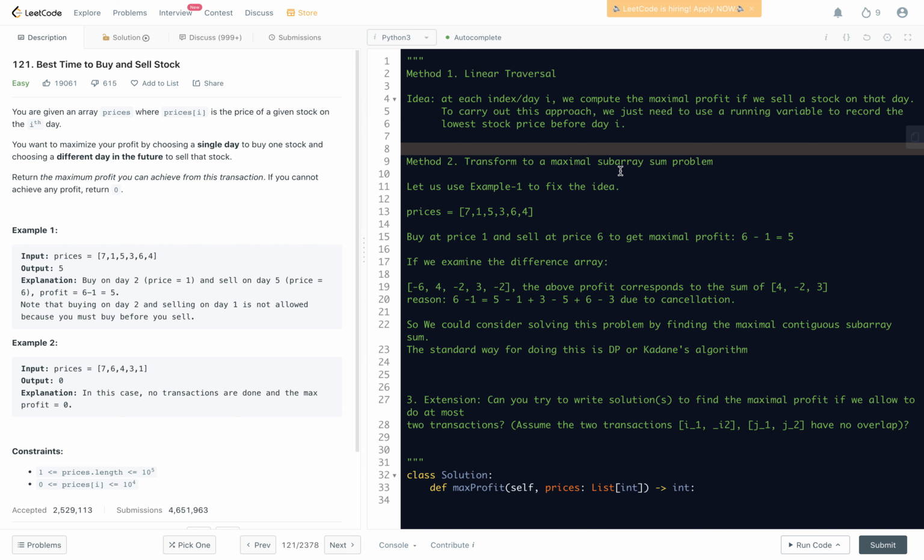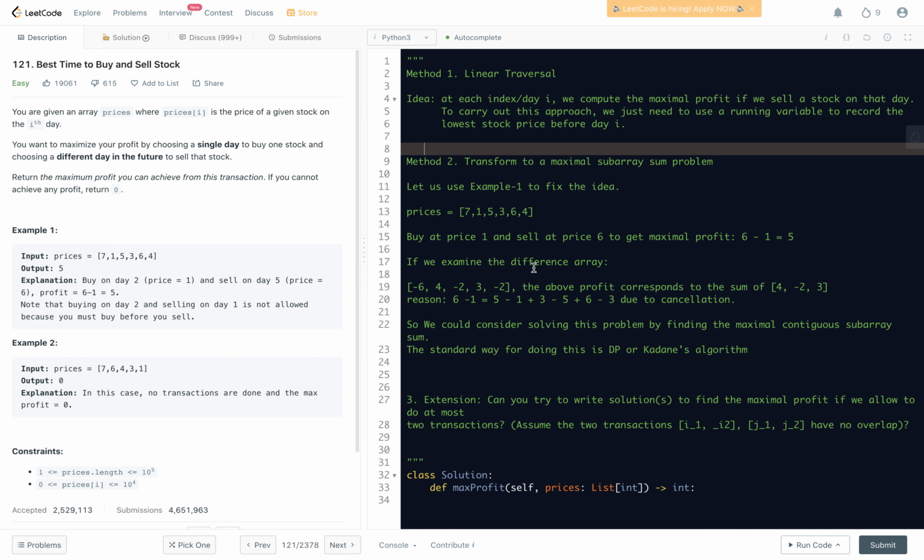That's method 1. Here we emphasize method 2. Method 2 is a little bit indirect to this problem, but knowing the connection with the maximum subarray sum problem is what we want to convey. Let's use example 1 to fix the idea. If we buy at price 1 and sell at price 6, we get the maximum profit, that is 6 minus 1, which is 5.